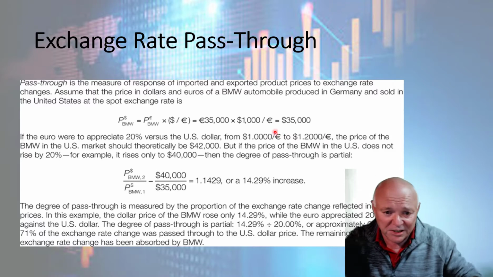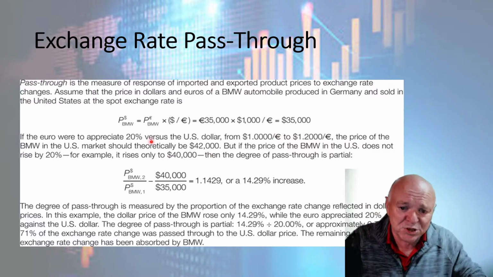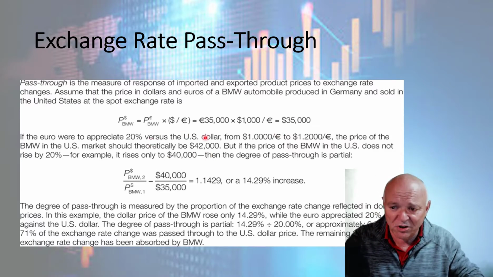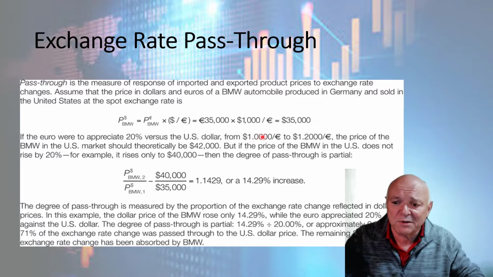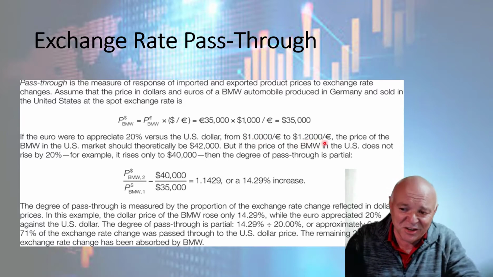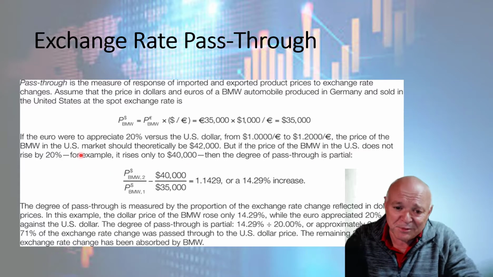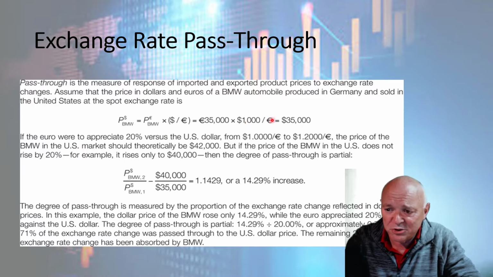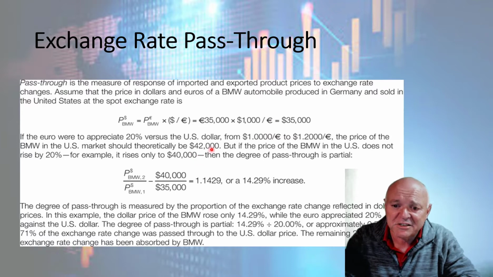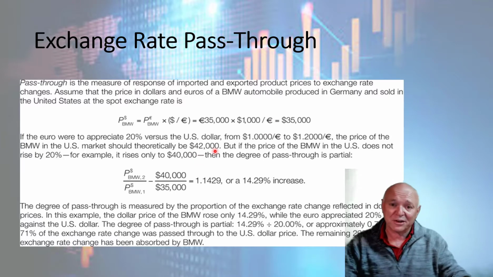Now, within the next year, if the price of the euro appreciates 20% versus the US dollar, and the exchange rate goes from 1.0 to 1.20 US dollars to the euro, the price of the BMW in the US market, substituting that 1.2 into this equation, means that the price of the BMW should go up from $35,000 to $42,000 in 1 year.